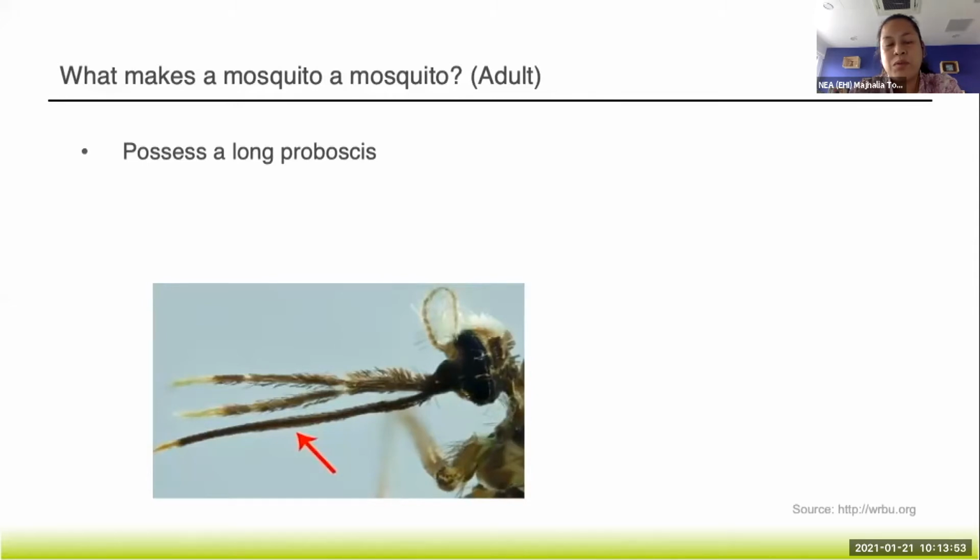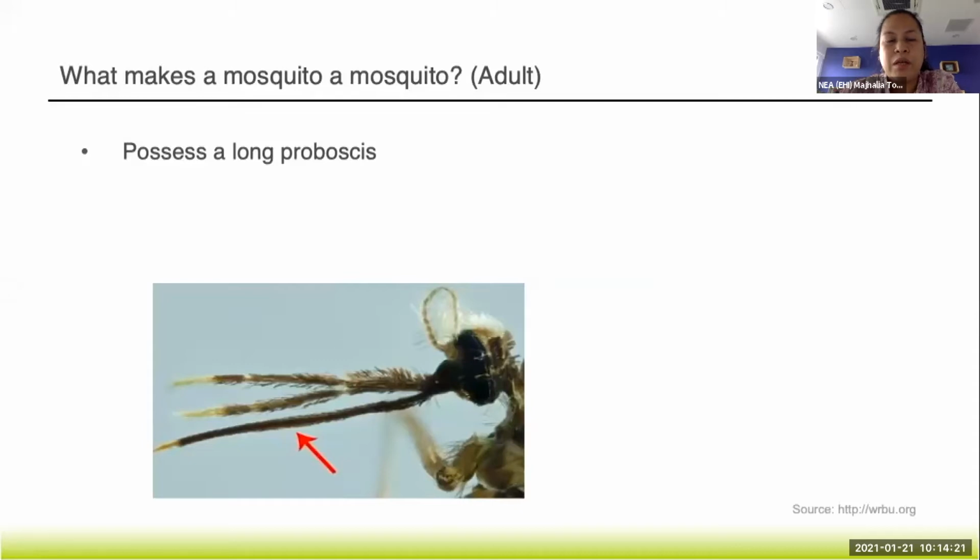We just wanted to show you that sometimes the palpi is as long as the proboscis, so you may mistake it as the proboscis. Normally, if you're dealing with culicines, or mosquitoes that belong to genera like Aedes and Culex, the palpi will be much, much shorter than this. Any other suggestion?